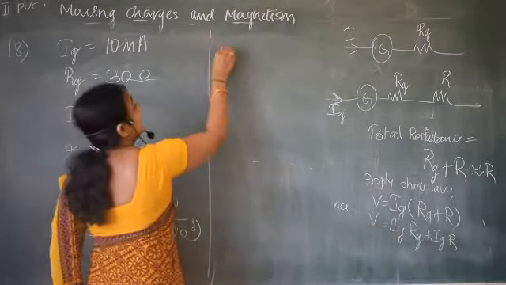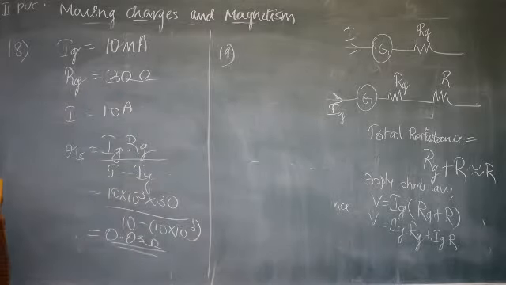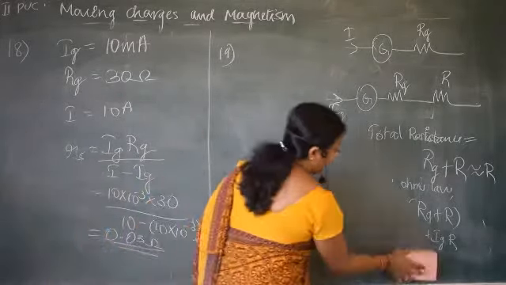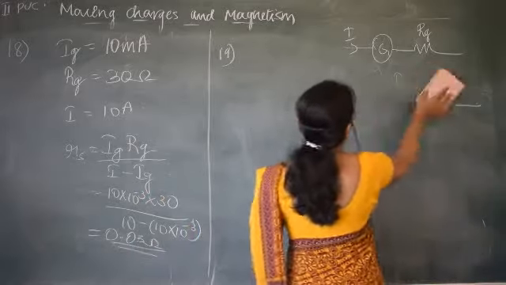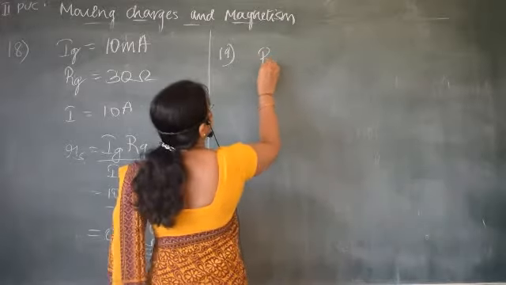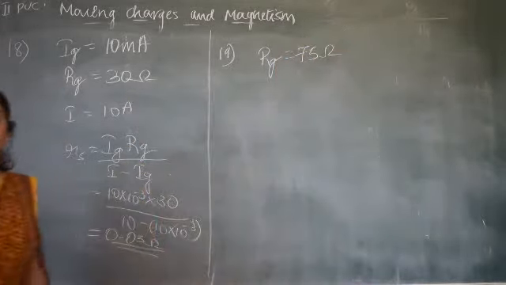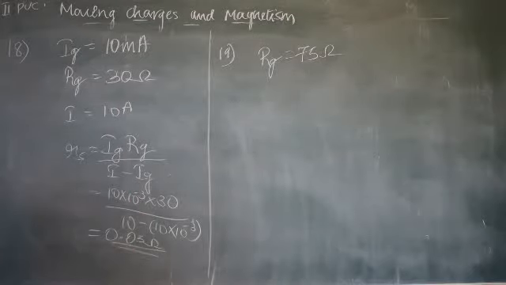Question number 19. A moving coil galvanometer has a resistance of 75 ohm, and a range of 0.15 milliampere.